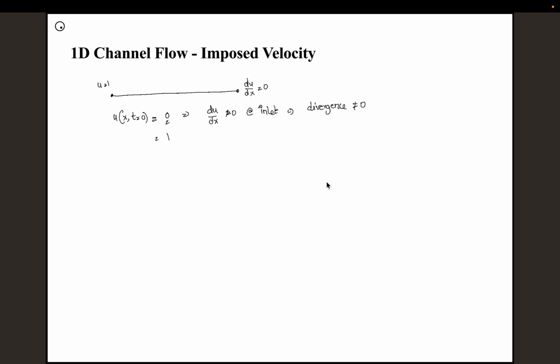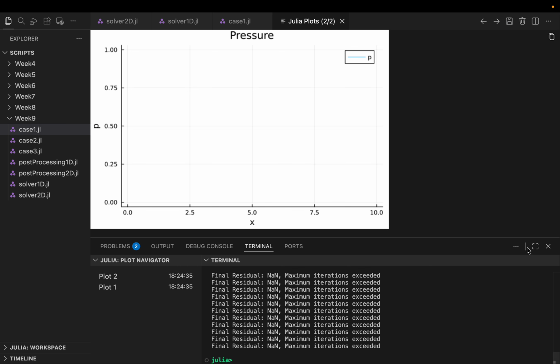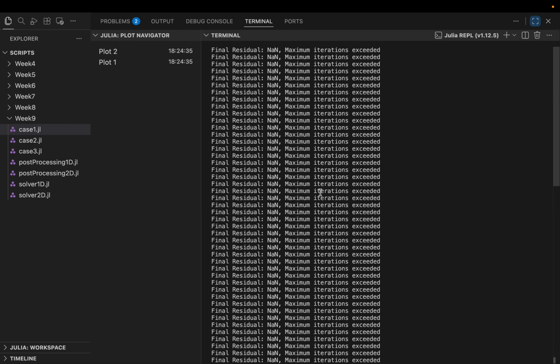If I'm using over relaxation, those oscillations, or their amplitudes, will keep growing in time, and that should give me a divergence. Yeah, you can see the divergence here. You can see that it will never reach a solution at all.